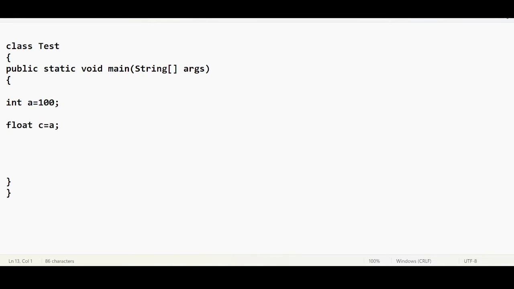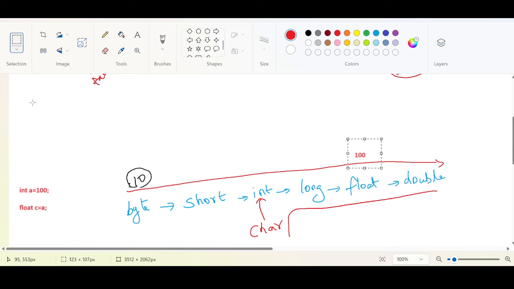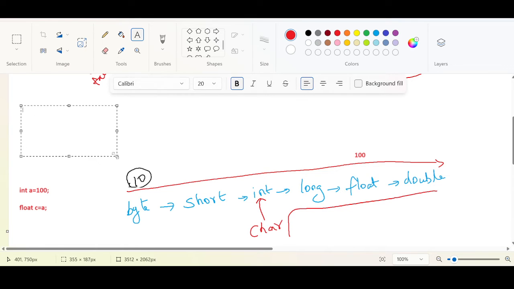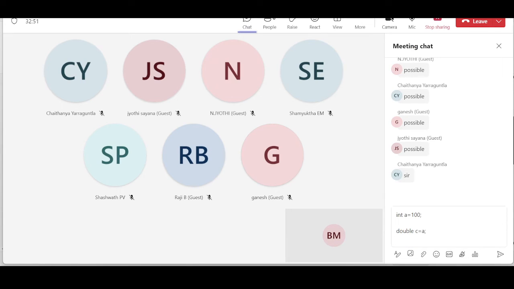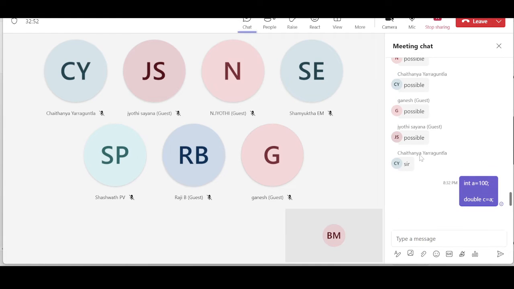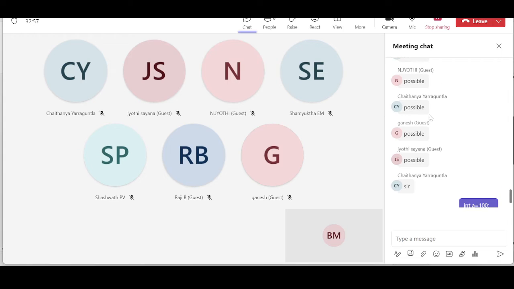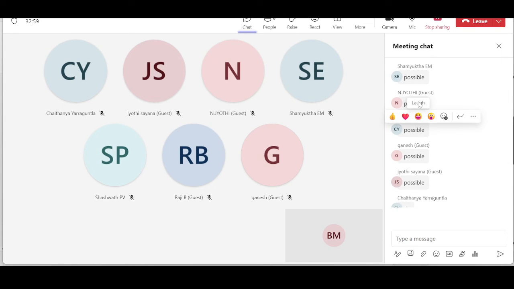Okay. Now you tell me, it's possible or not possible? Tell me possible or not possible. You just type it now.